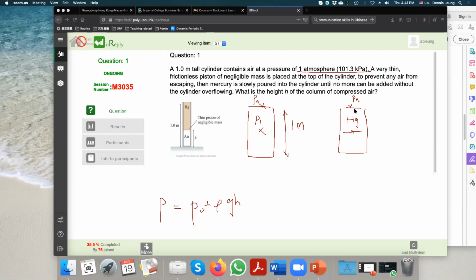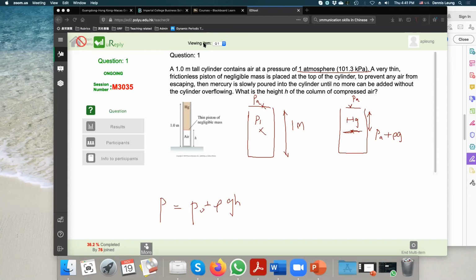Now, the idea is when you are at the bottom of the mercury, which is just on the top layer of the air, then the pressure would be equal to atmospheric pressure plus the pressure due to the column of the mercury, which is given by the equation density times g times, I better not to write h, I better write something else.